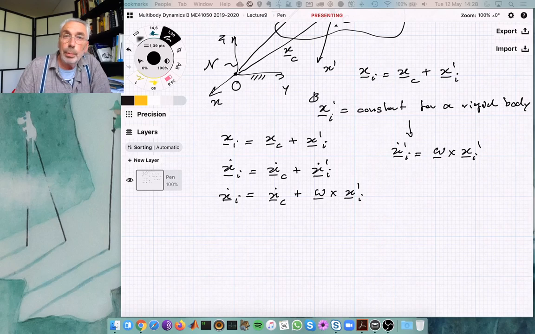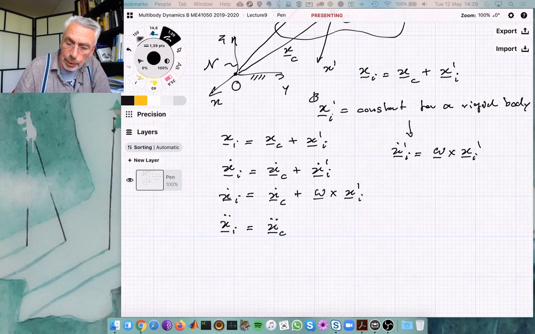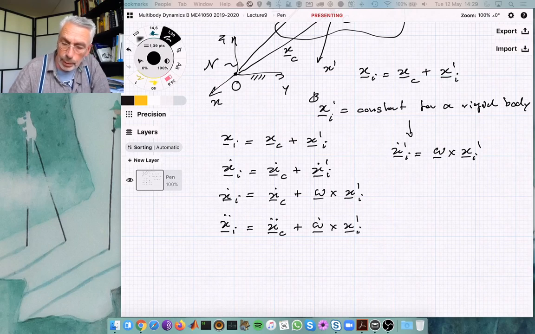Okay, next step, mass, forces mass times acceleration. So we have to look at the forces, right? At the accelerations. So what are the accelerations? Well, again, it's the acceleration of the center of mass plus the angular acceleration times that distance plus, of course, the angular speed times the change, the speed within the body.